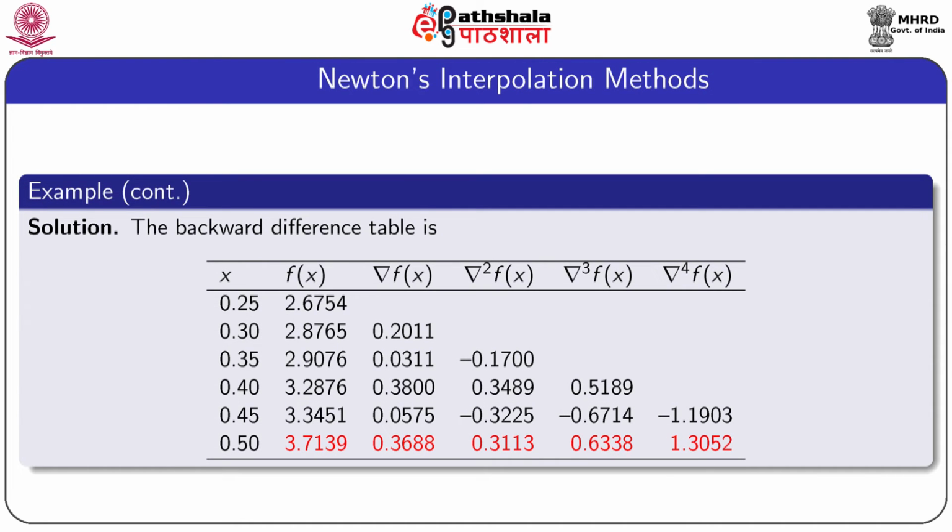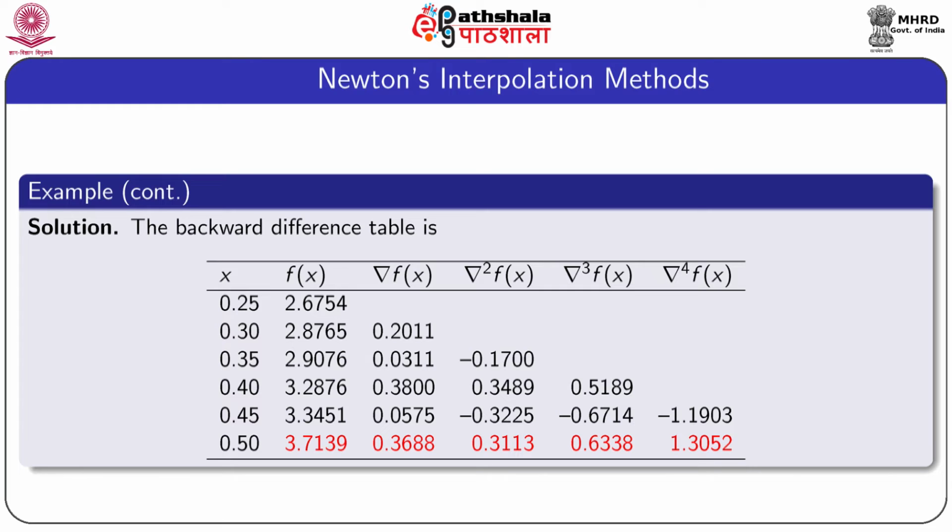So, for this table of values, we calculate the backward difference table. The first column contains the values of x, the second one contains the values of f(x), the third column represents the first order backward differences, the fourth column represents the second order backward differences and so on.